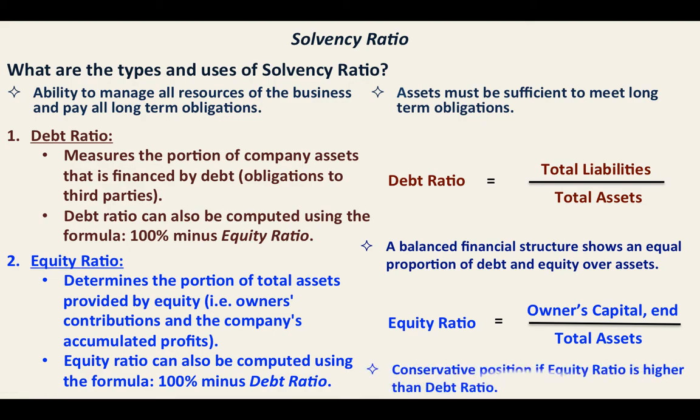And if we are speaking of conservative position, our equity ratio should be higher than the debt ratio. And if we are speaking of aggressive position, then our debt ratio is higher than equity ratio. Aggressive position is quite a dangerous position, okay? Because it means that we are indebted, okay? The business is indebted.